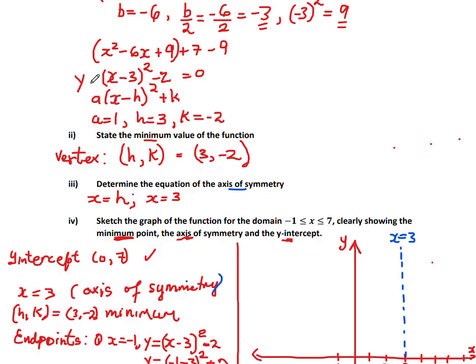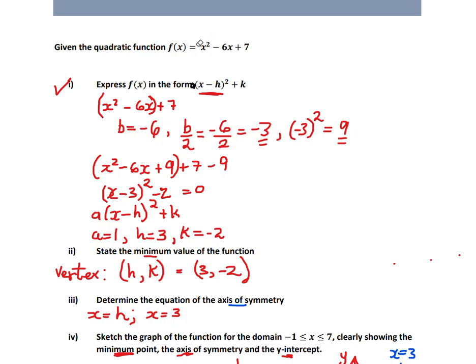Because the vertex form is really y equal to that quadratic equation. Or we could have substituted those endpoints into the original quadratic equation, and it wouldn't have affected our answer. We would get the same answers.